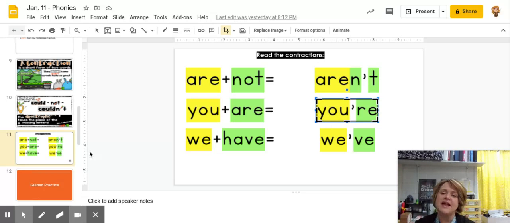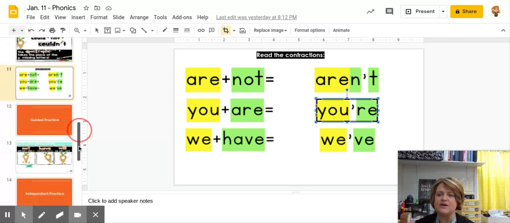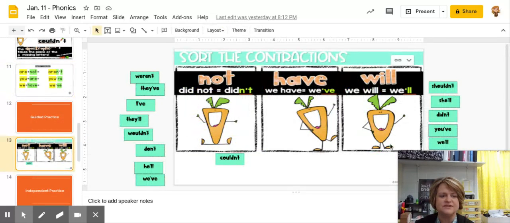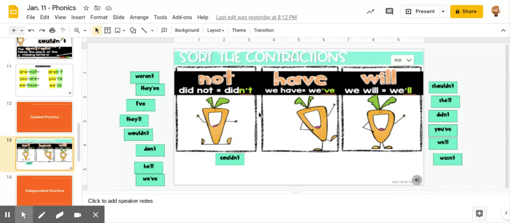For guided practice today, we are going to sort out some words. What we have is words that have not, words that have have, and words that have will, but now we need to make them into a contraction.